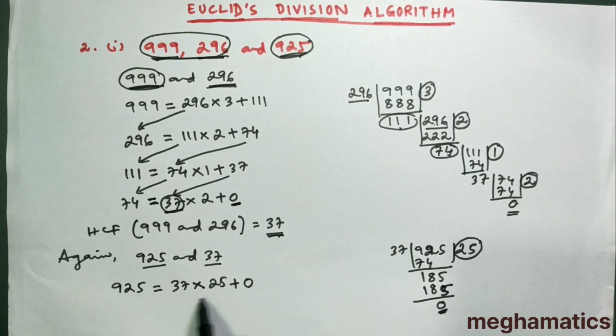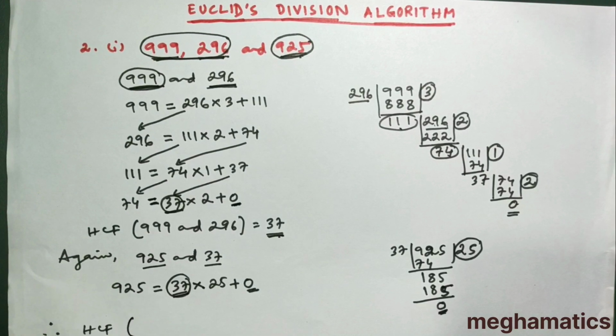Since in the first line we have got 0 as a remainder, we don't need to do any more. Here the number right after the equal sign is 37. So this is the HCF. Therefore HCF of 999, 296 and 925 is equal to 37.